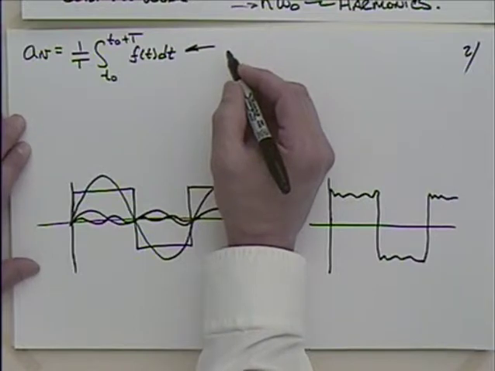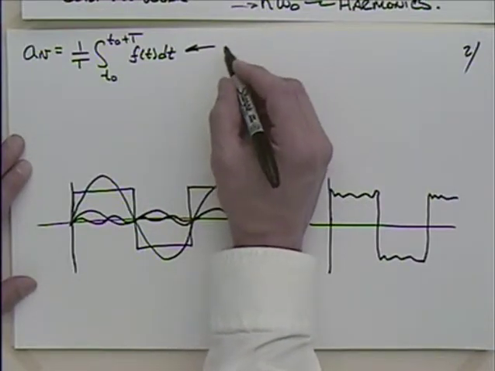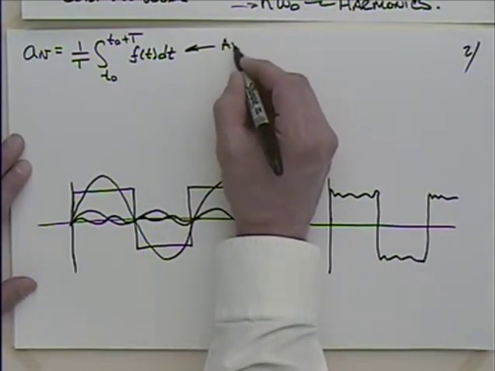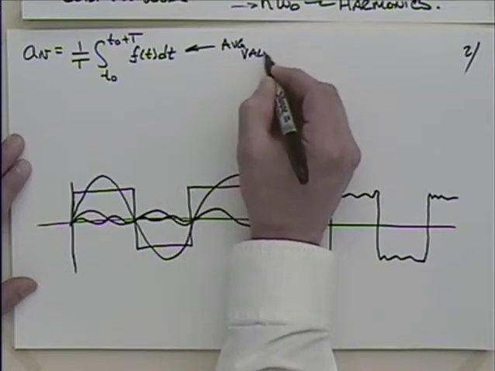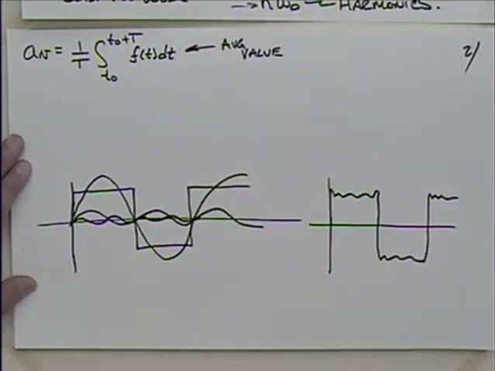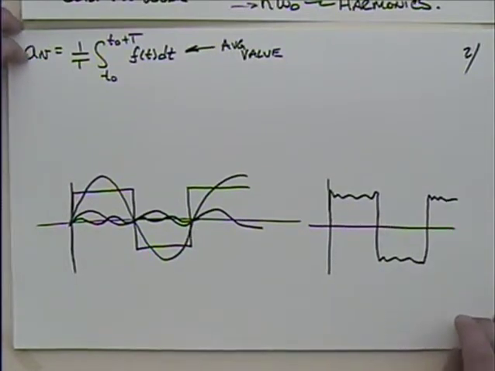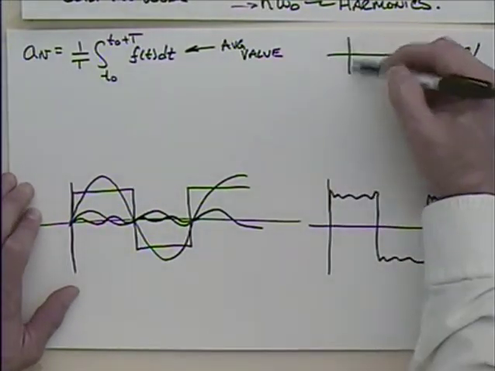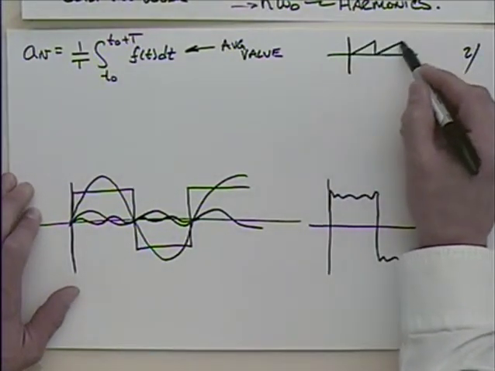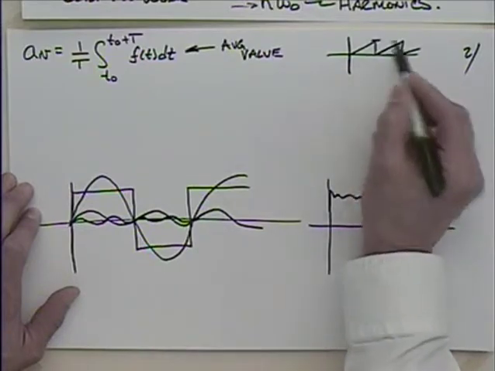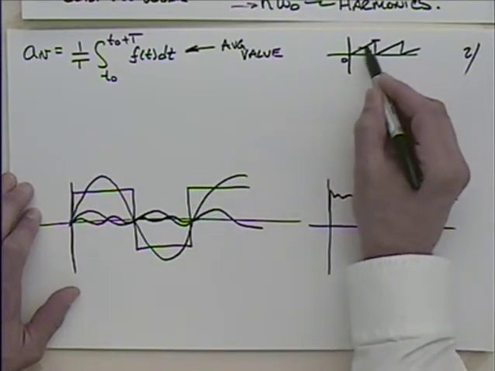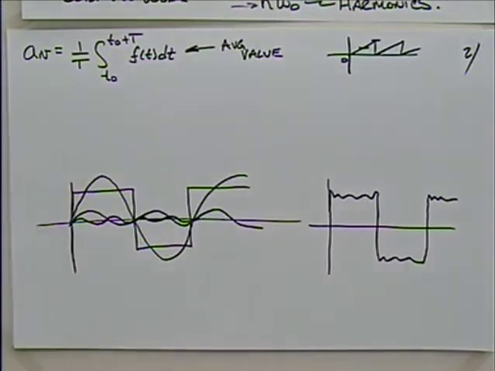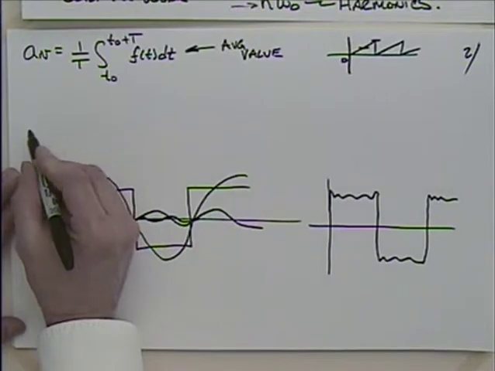The other ones, a sub n and b sub n, are a little harder to think about, but this one's pretty easy. This is the average value. We add them up and we divide by the period. So a lot of times you can probably find the average value by inspection. For instance, if you have a wave that is a ramp like this, the middle is going to be the average value, isn't it? So a lot of times we might be able to avoid evaluating A sub v.